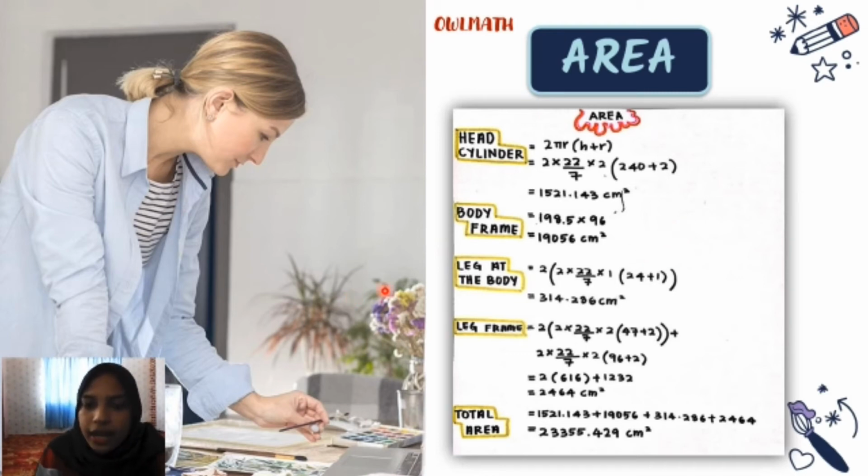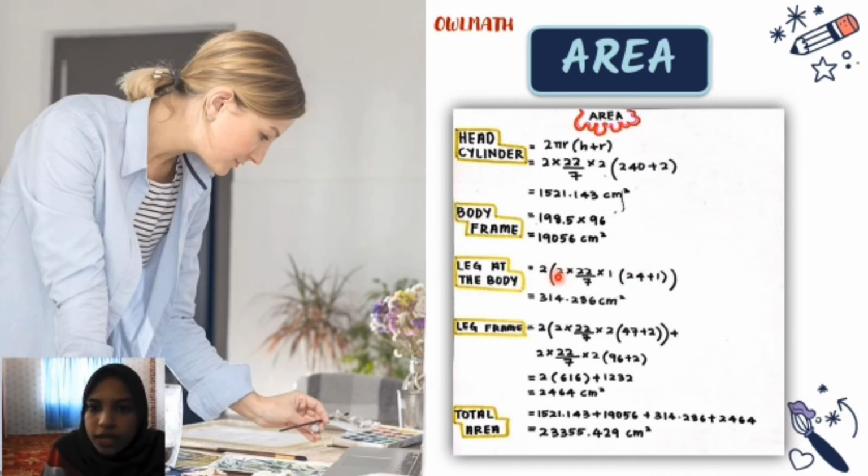Next is the leg at the body. As we can see at the body of the bed frame, there are 6 cylinders, and this formula is for the cylinder at the center of the body frame. The formula is the same as the head cylinder, which is 2πr(h + r).